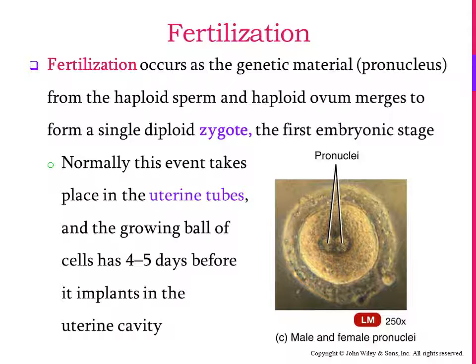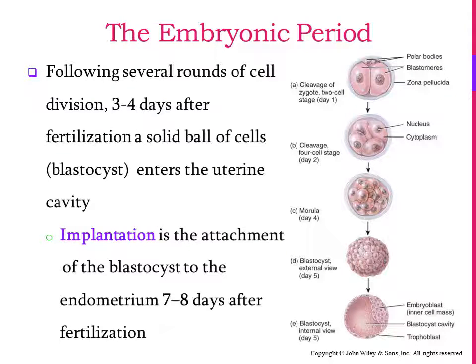As we mentioned in the week 1 slides, the growing ball of cells takes 4 to 5 days before it implants in the uterine cavity. So after several cell divisions, the zygote develops into a solid ball of cells called a blastocyst, floats into the uterine cavity, and bounces around until it finds an appropriate site within the endometrial wall for implantation.